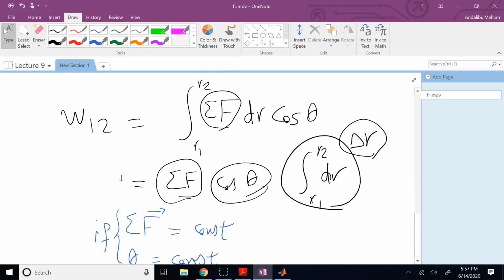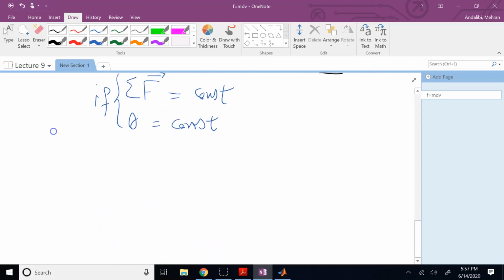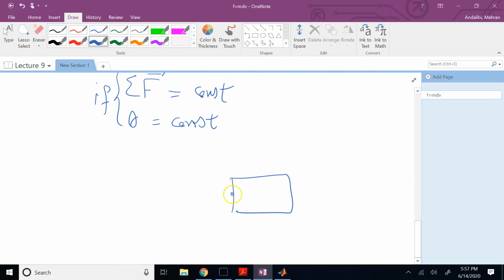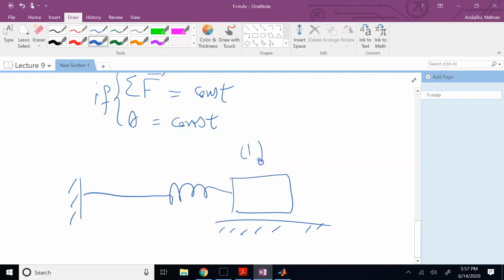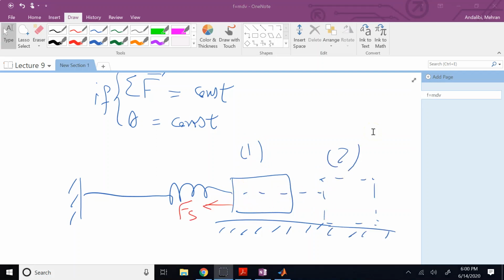For example, when you have a spring, the work done by the spring force, so if this force is the force of the spring, let's say your object is just attached to a spring, like this, and then you're moving this object from position 1 to position 2. So this is the force of the spring in a backward direction, assuming that the spring is being stretched and it's not pre-compressed or pre-stretched.